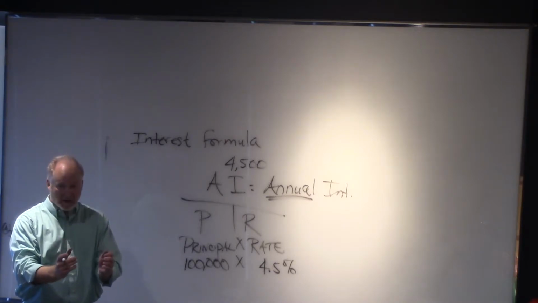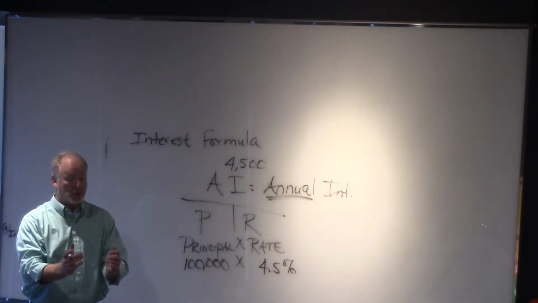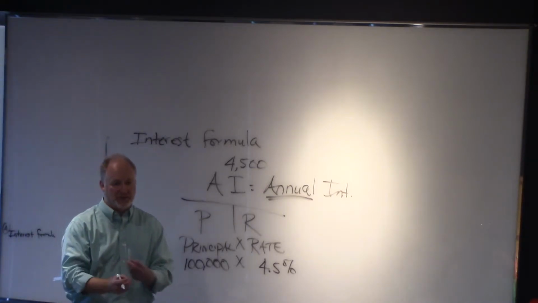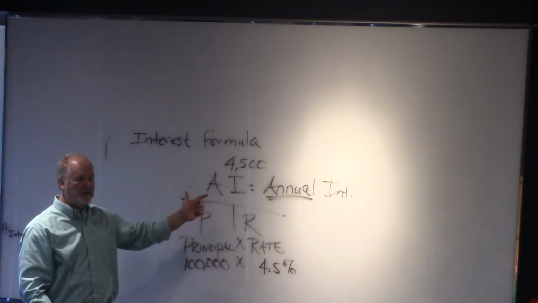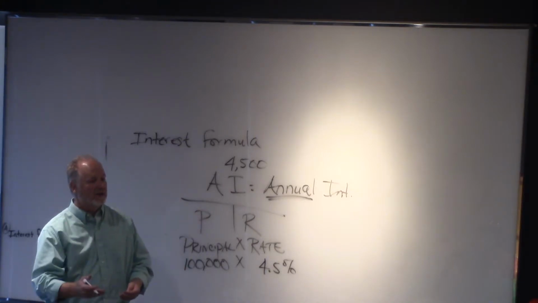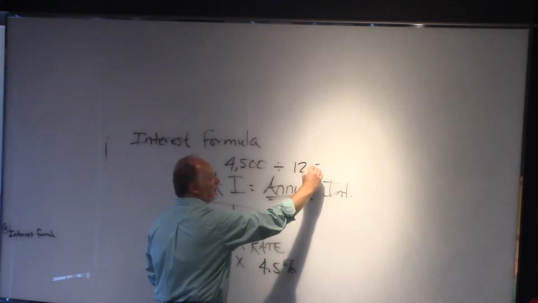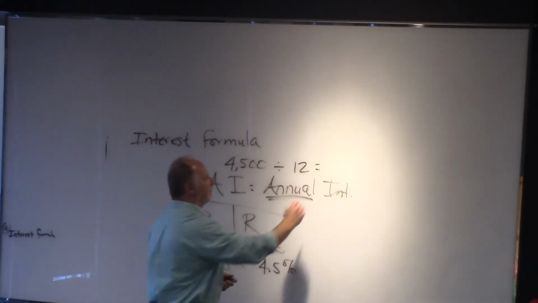Okay? Now I want you to stop there for just a moment and ask yourself what you just found. According to the formula, you found annual interest, correct? So if I ask you how much your monthly interest is, you're going to take $4,500 and divide it by what? Divide it by 12. 375? Good, that's what I thought.